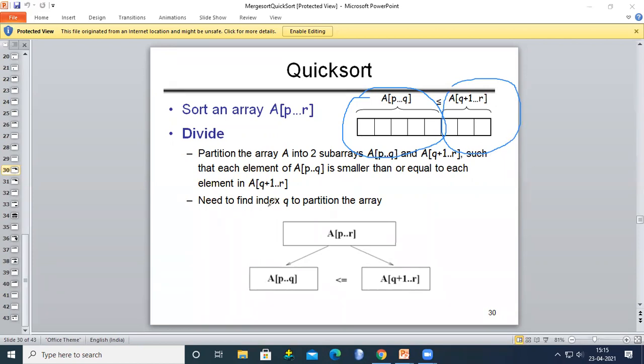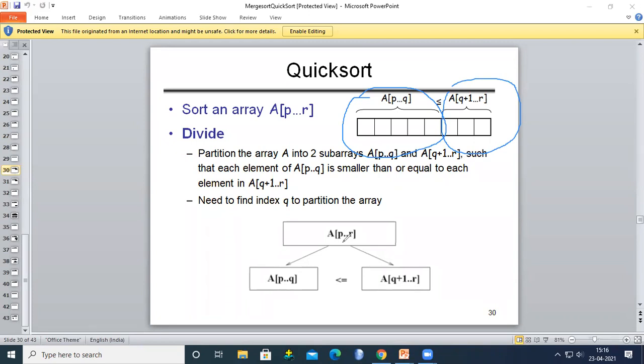So we need to find index Q to partition the array. We want to divide that particular array into two parts, so at the index Q we want to divide.